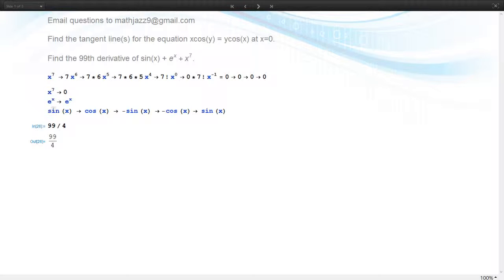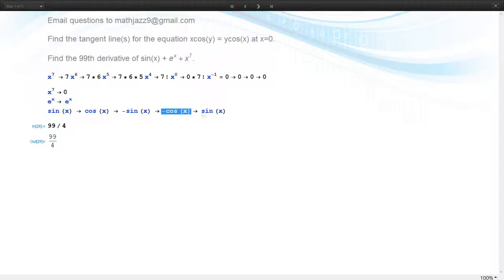So this will be the 96th derivative because it's the one that's divisible by 4. This is after we've cycled 24 times through, we'll land on this one. And then this will be the 97th, the 98th, the 99th, negative cosine of x.